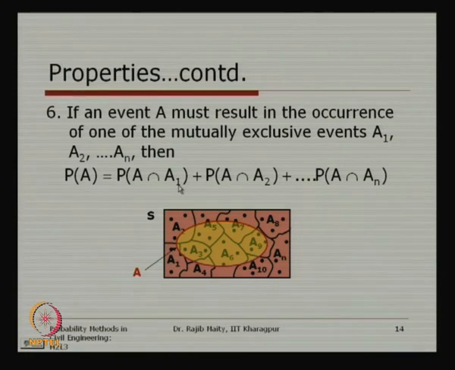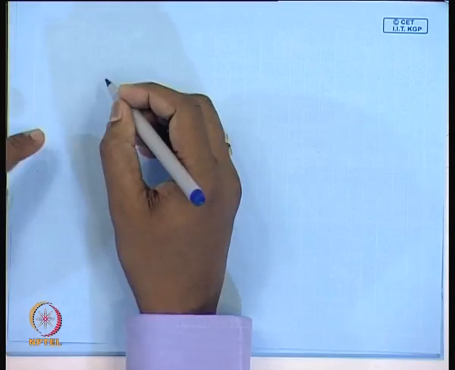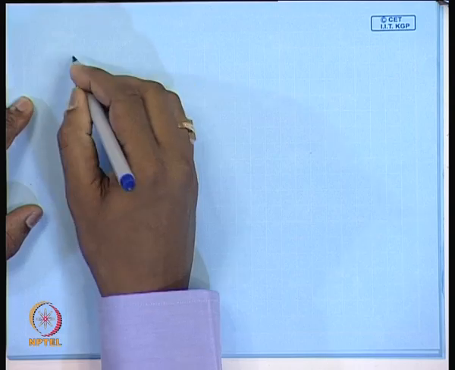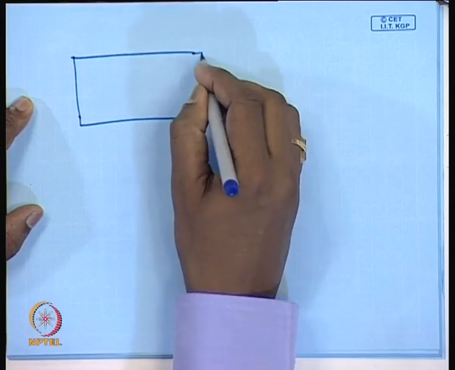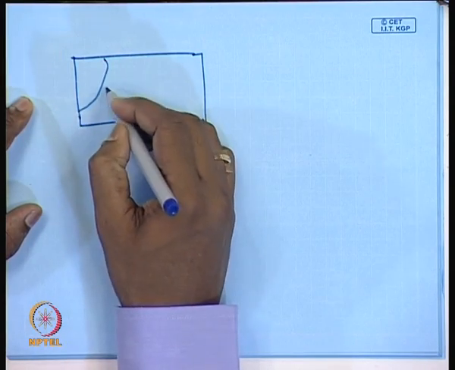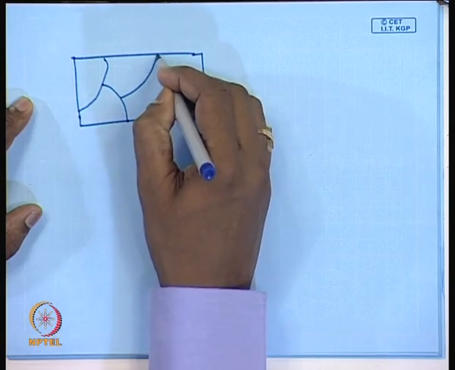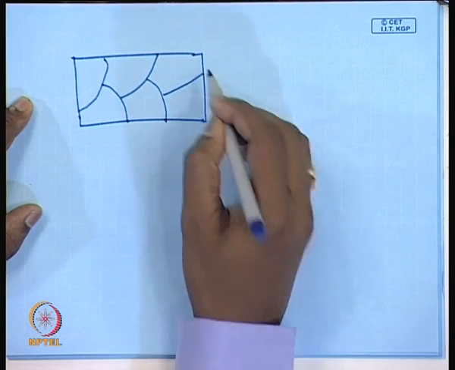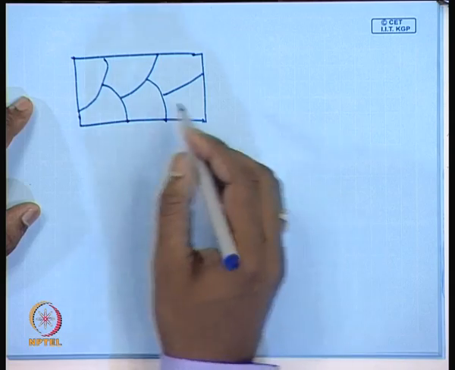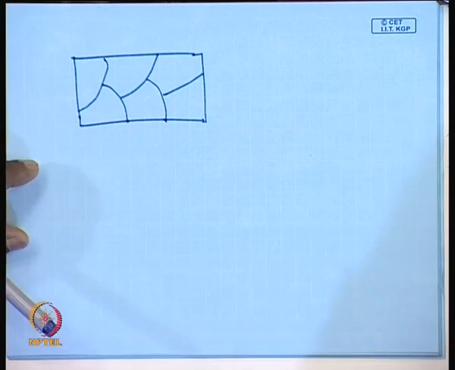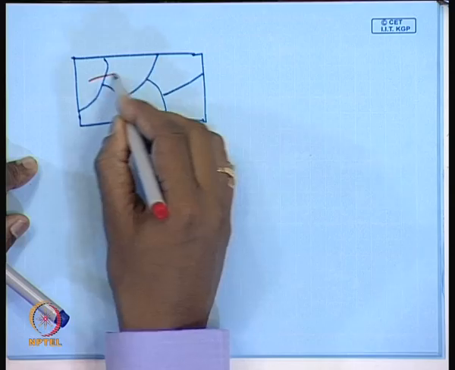If you see it here, this is your sample space, and this sample space has partitions like that, mutually exclusive and collectively exhaustive, and there is another event like this.